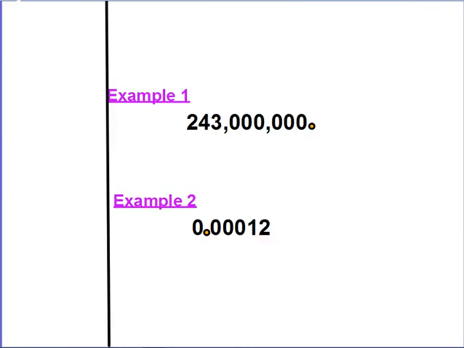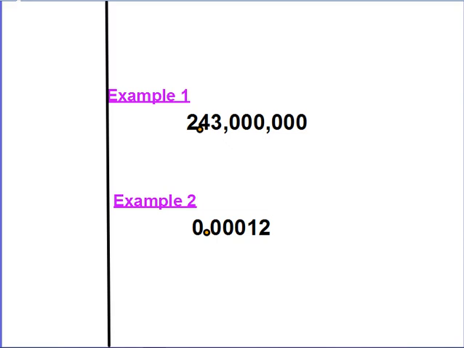So we have 243 million, and I have my decimal point back here. First thing I'm going to do is move that decimal point so that there's only 1 digit to the left. Right now I have 9 digits to the left. So I'm going to keep on moving it until there's only 1 digit to the left of it. Bam, it's going to go right there.